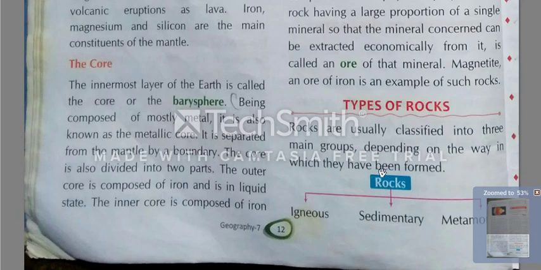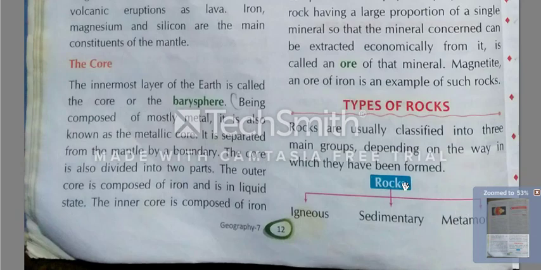Clear? Means on the process of their formation, and after completing the formation, they are divided into different types. Mostly they are divided into three types, that is igneous, sedimentary and metamorphic.